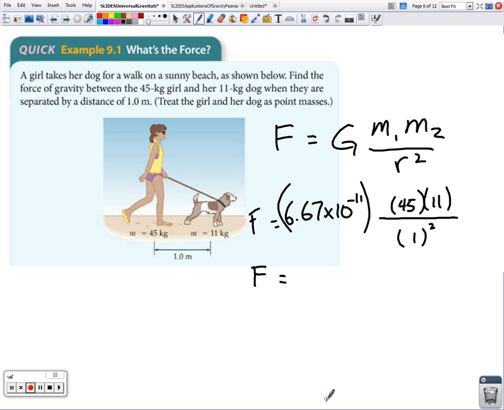We just have to plug it in. I would suggest that you use the scientific notation button on your calculator. If you don't know how, at the very least, use parentheses to keep this number together, because otherwise your calculator may get lost in order of operations and give you the wrong answer.